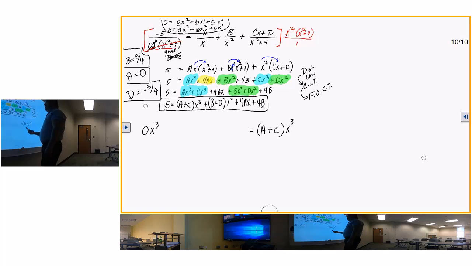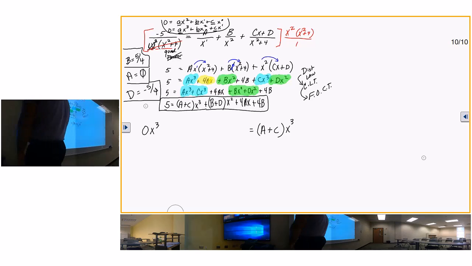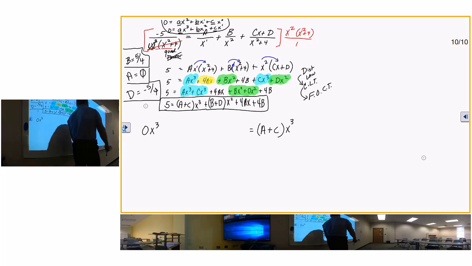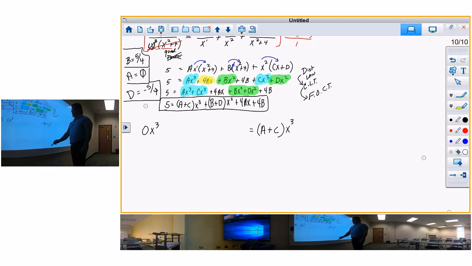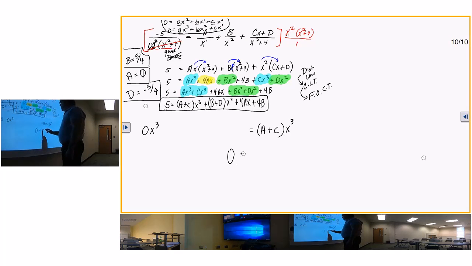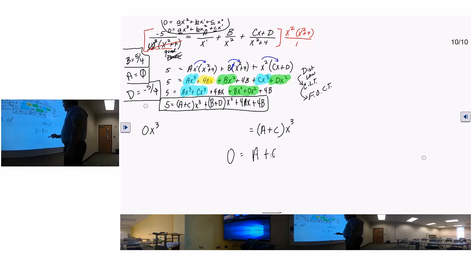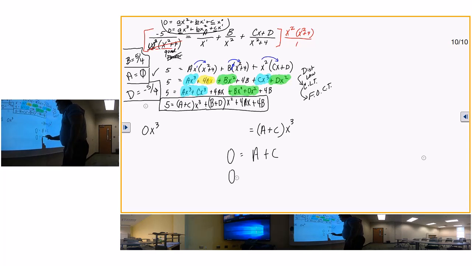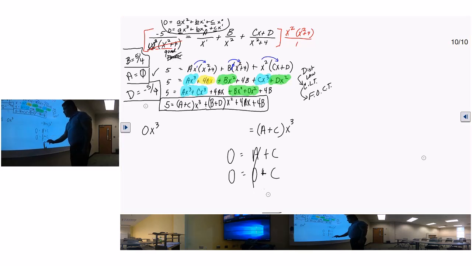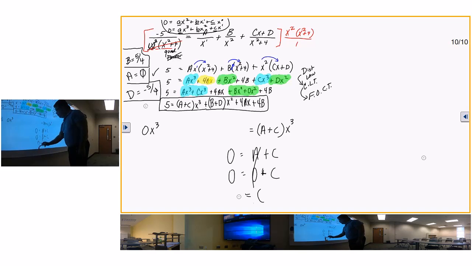So by default, you can just go over here and say C is equal to 0. And you can go ahead and plug it in if you want to. 0 is equal to A plus C, and A is equal to 0. Therefore, C is equal to 0.